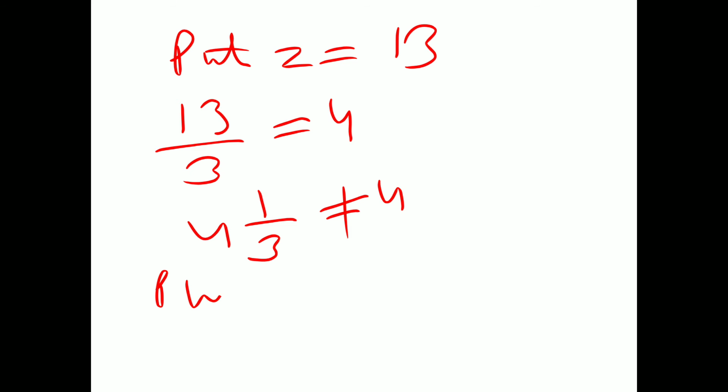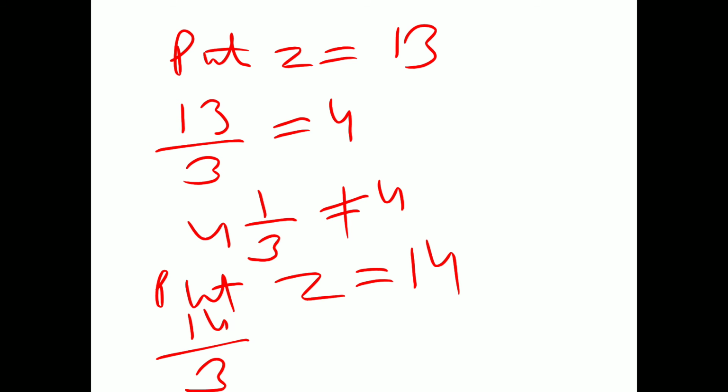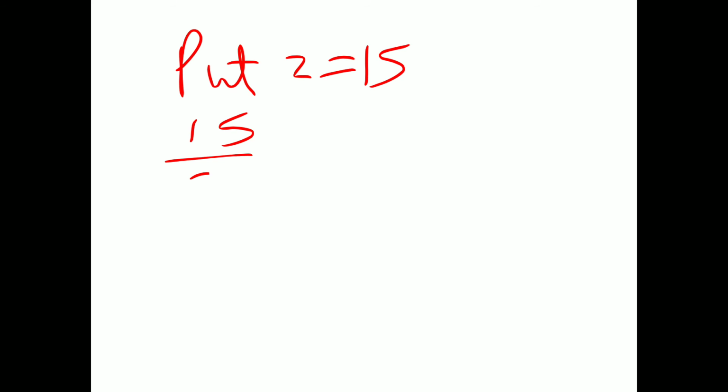Now put z is equals to 14. 14 divided by 3, it should be equals to 4. It is not equals again. Now we put z is equals to 15. 15 divided by 3, it should be equals to 4. 5 is not equals to 4.